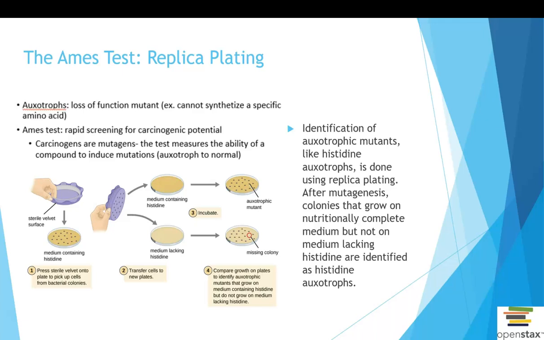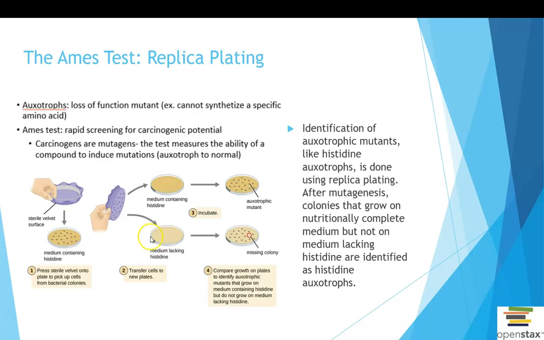So this bacteria is actually mutated, and it lost the capability of producing the amino acid that it needs to survive, like histidine. The loss of function of the mutant, for example the loss of the function of producing histidine in Salmonella, the bacteria we gave as an example for the Ames test, is called auxotrophs.